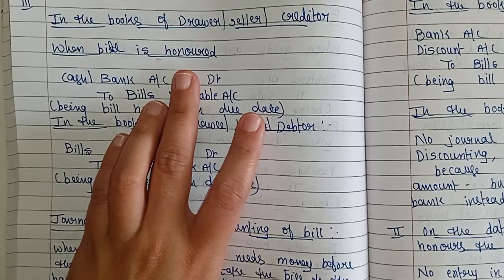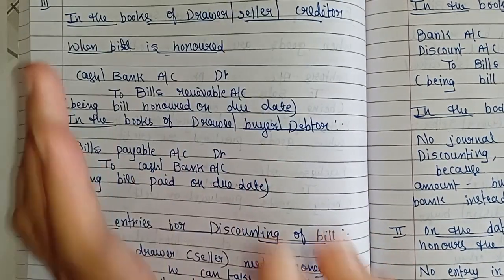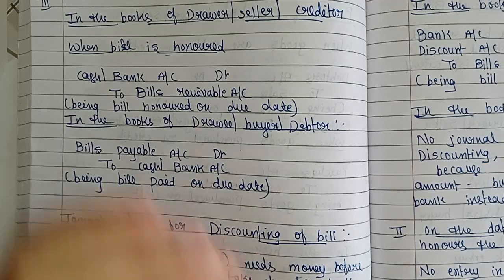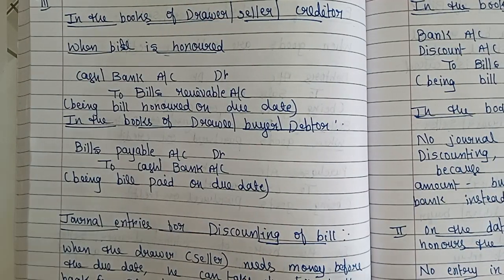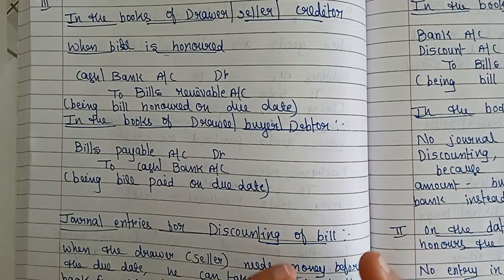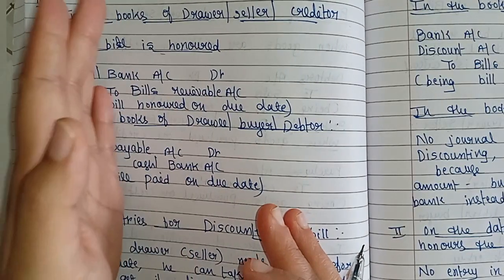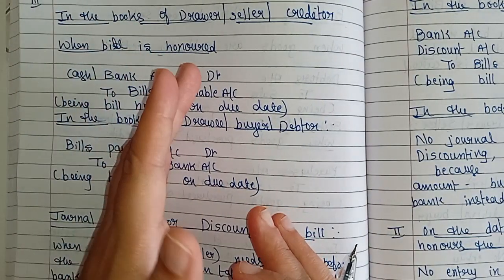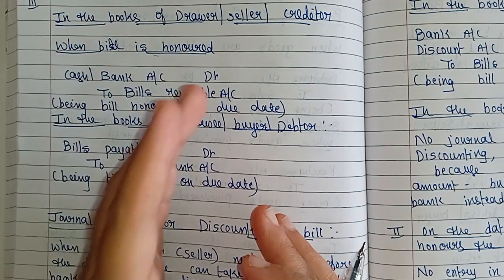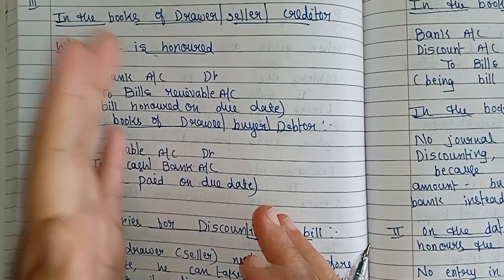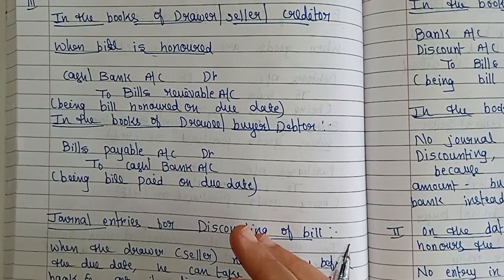So when the bill is honored, it means what? It means the drawee pays the full amount written on the bill, on or before the due date, to the drawer. Clear?